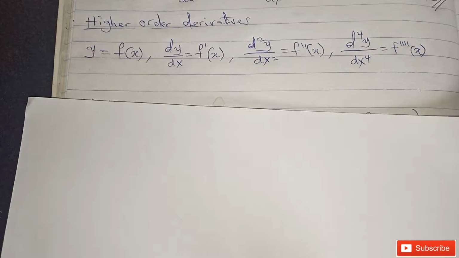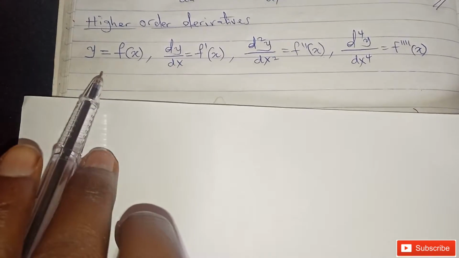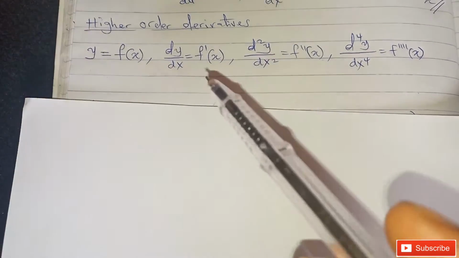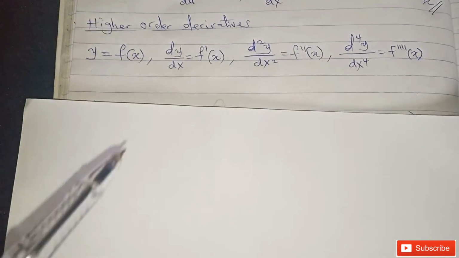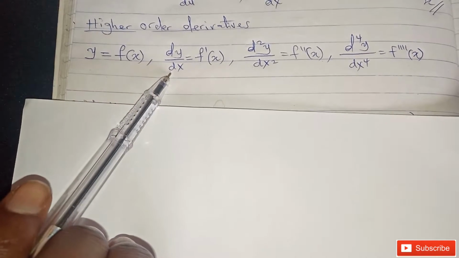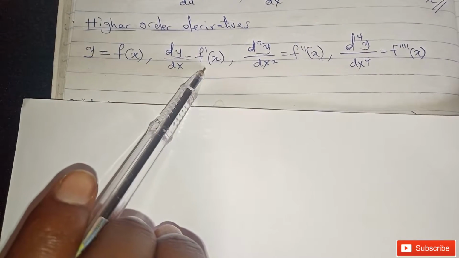Okay, we also saw that in the last video we talked about higher order derivatives, and that if we have y a function of x, the first derivative is represented with dy/dx, or f prime of x.